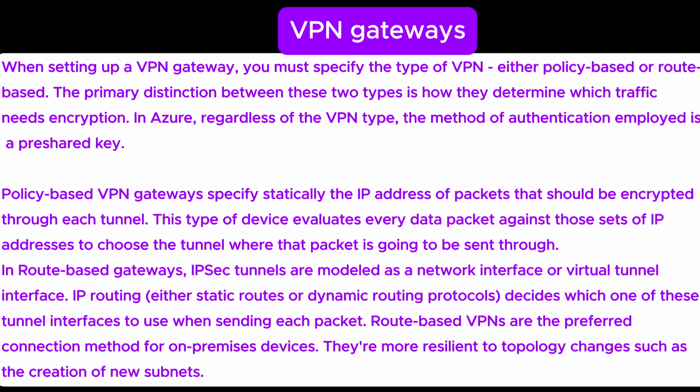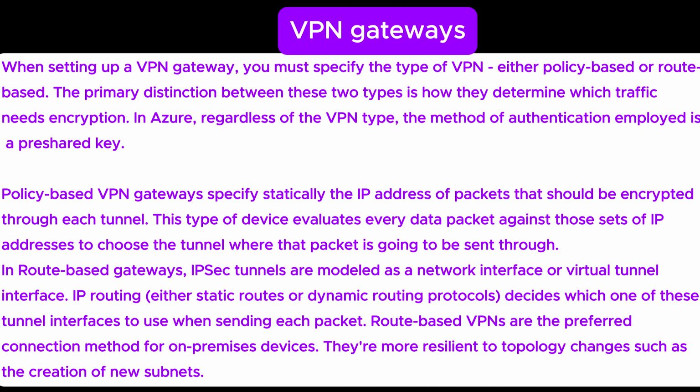Another high availability option is to configure VPN gateways as a secure failover path for an ExpressRoute connection. In a region that supports availability zones, VPN gateways or ExpressRoute gateways can be deployed in a zone redundant configuration. So these are the different types of VPN gateway and we can use them as per your need.